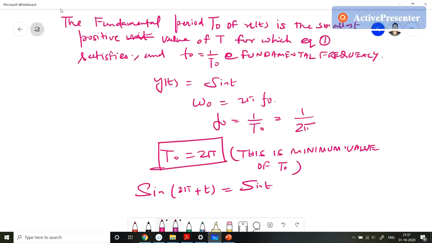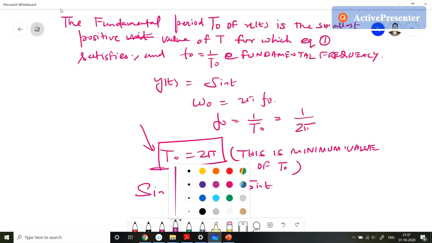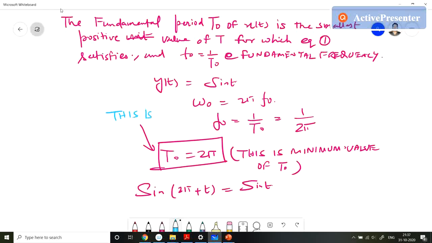This is called the fundamental time period.